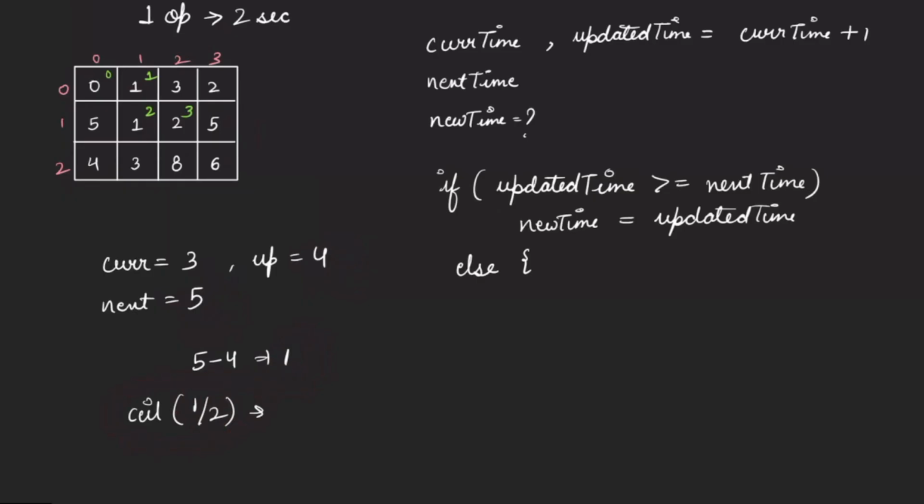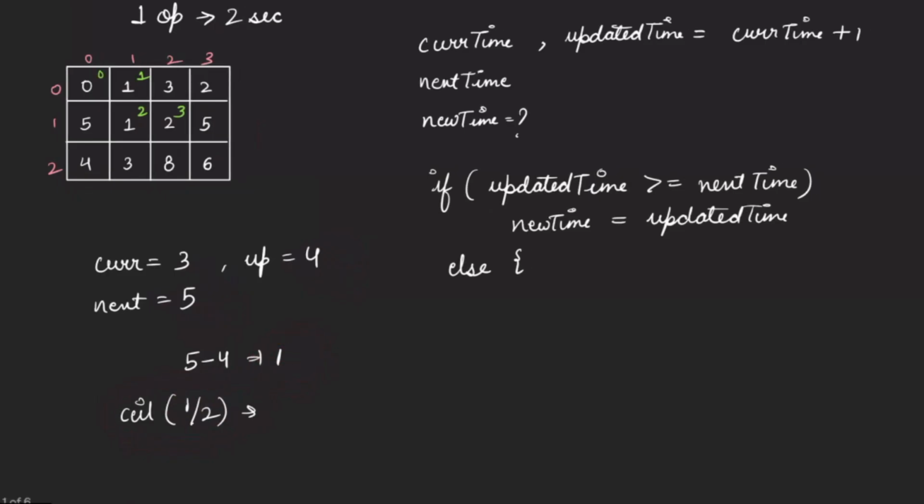So this will be 0.5, and the ceil of 0.5 will be 1. So for wasting 1 second, you will have to perform one operation, right?